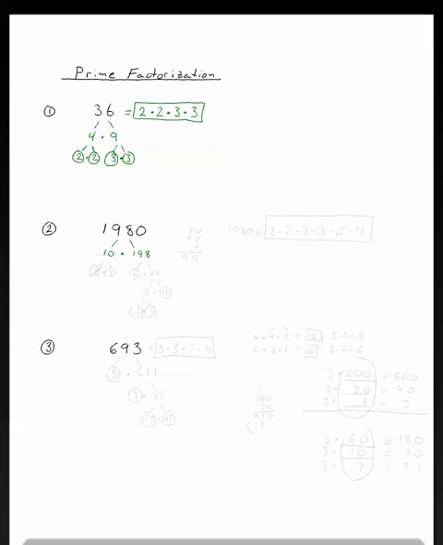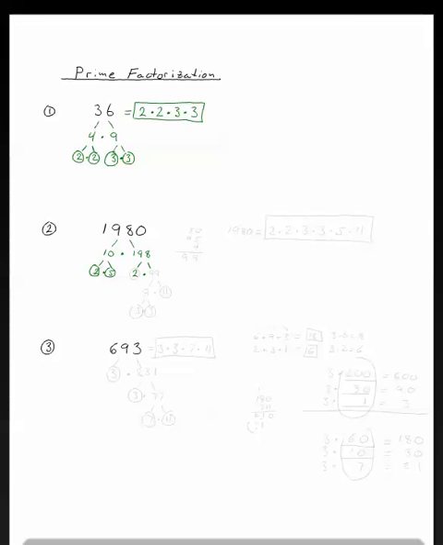Well, 10 and 198 are both even numbers, so we're going to be able to break them down. 10 is going to be 2 times 5. 2 is prime, and 5 is prime. 198 is also going to be 2 times something.